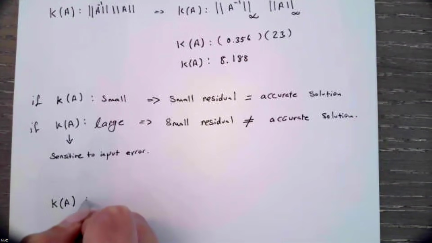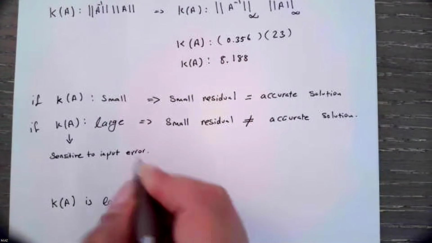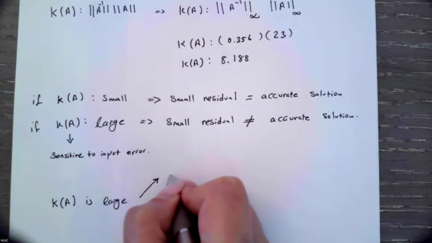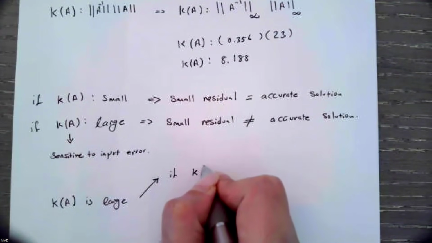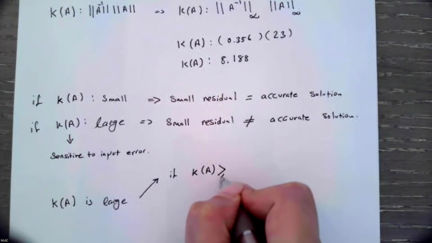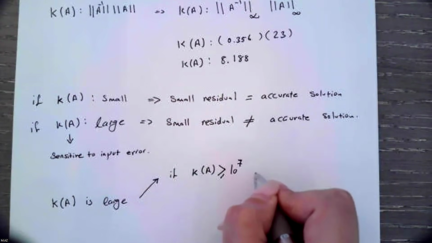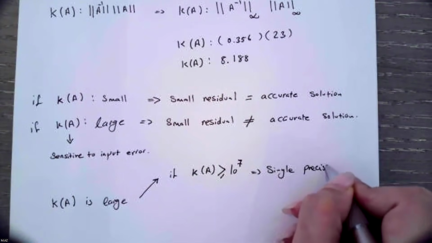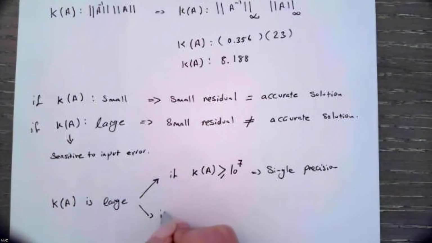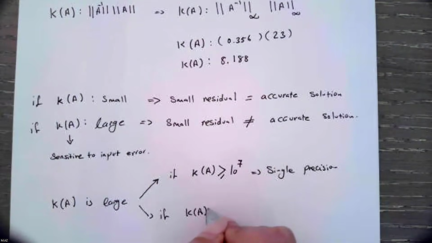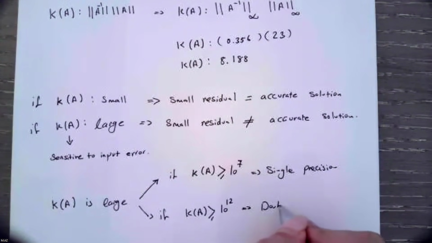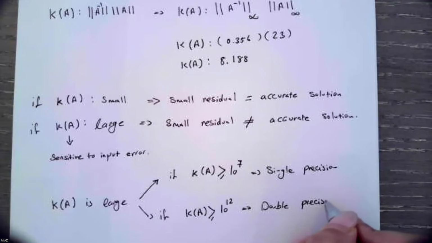The conditioning number is large if it is equal to or larger than 10 to the power 7 for single precision, and if it is equal to or larger than 10 to the power 12 for double precision.